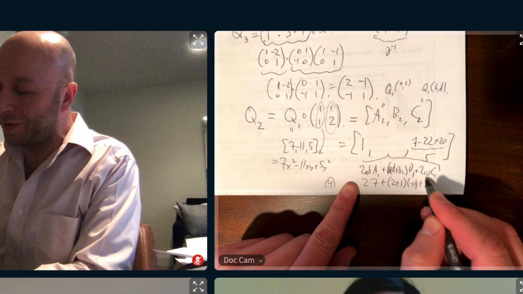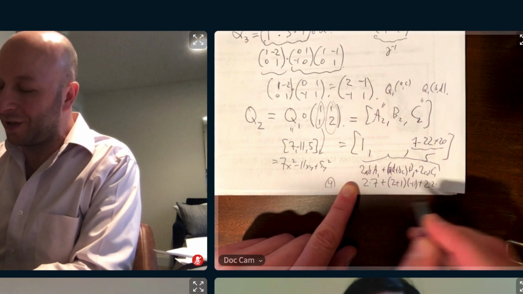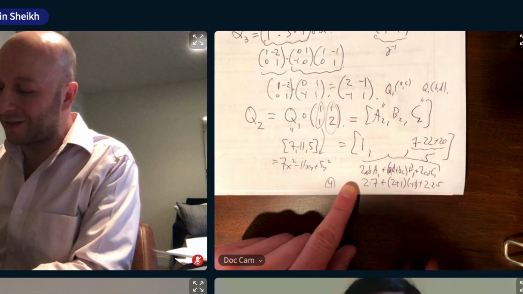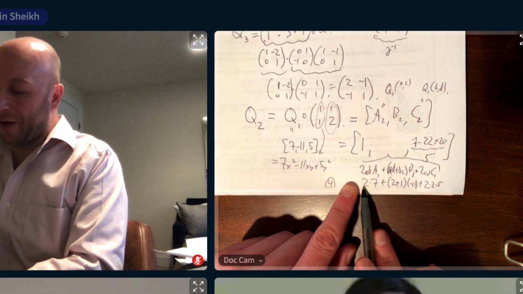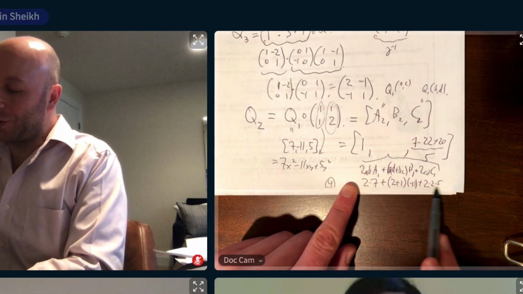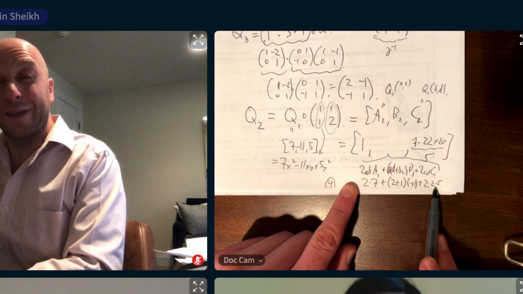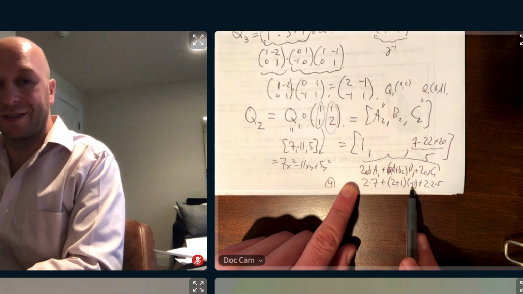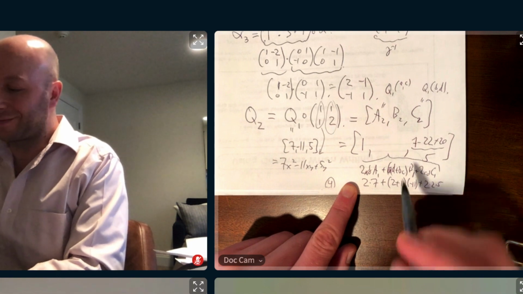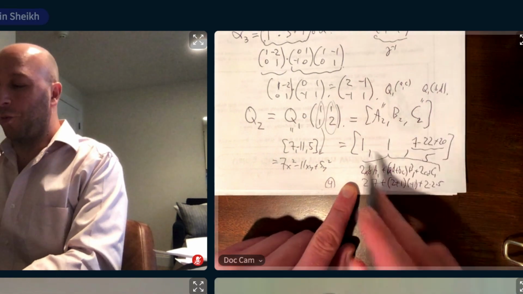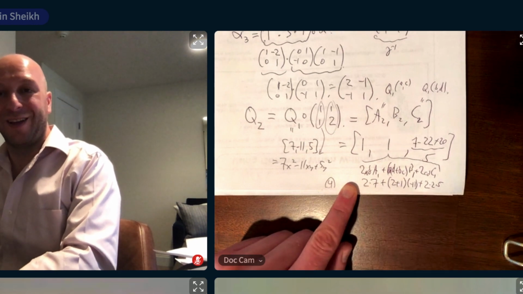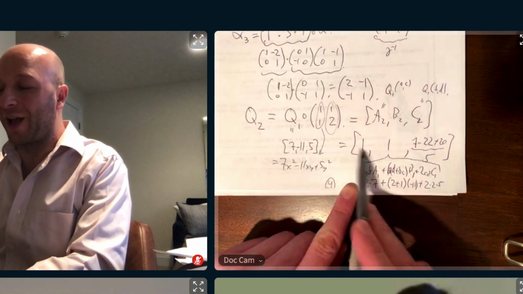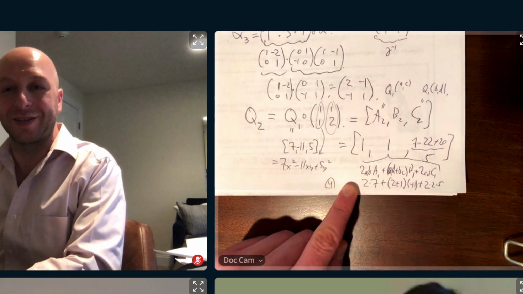And 2CD: D is 2, and C1 is 5. So I have 14 plus 20, 34, and then 3 times 11 is negative 33. So 1, 1, 5. 1, 1, 5 is equivalent to 7, negative 11, 5, and I hope you agree that 1, 1, 5 is a simpler quadratic form.